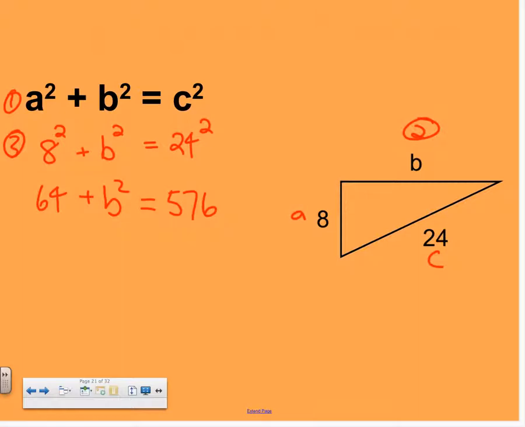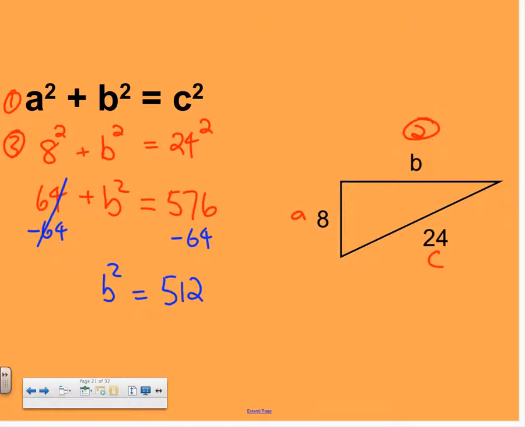In the previous examples, you started adding A and B together, but now we have to do a little extra work to get B by itself. But once again, you guys being experts in solving equations, this should be a piece of cake. In order to get B by itself, I'm going to subtract 64 from both sides. Once I do that, I'm going to be left with B squared equals 512.